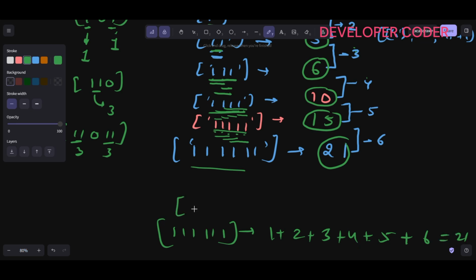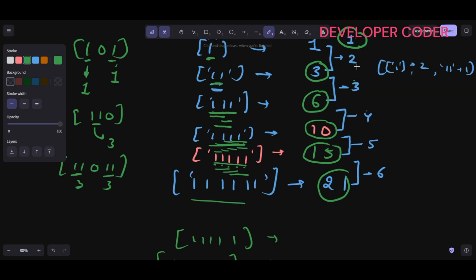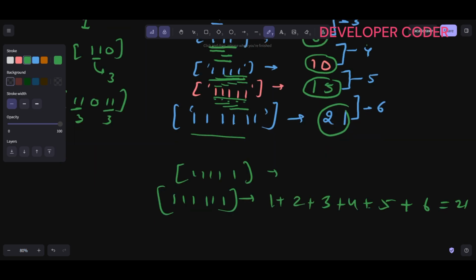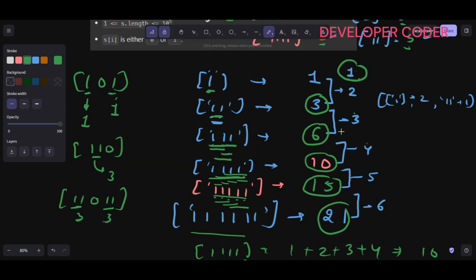Same way for 5 consecutive ones, what we are doing here is 1 plus 2 plus 3 plus 4 plus 5, that is 15. For 4 consecutive ones, 1 plus 2 plus 3 plus 4, that is 10. So this is a pattern that you have noticed.